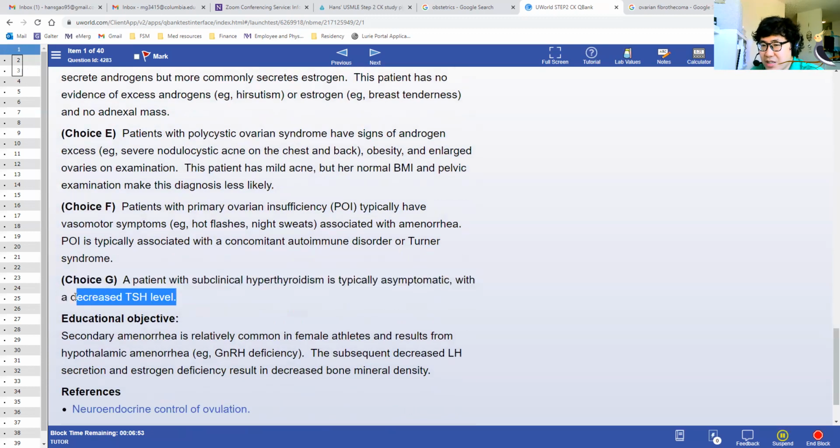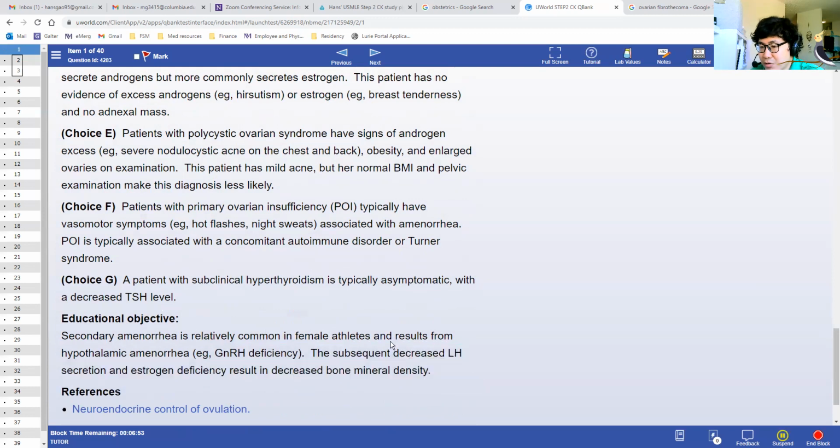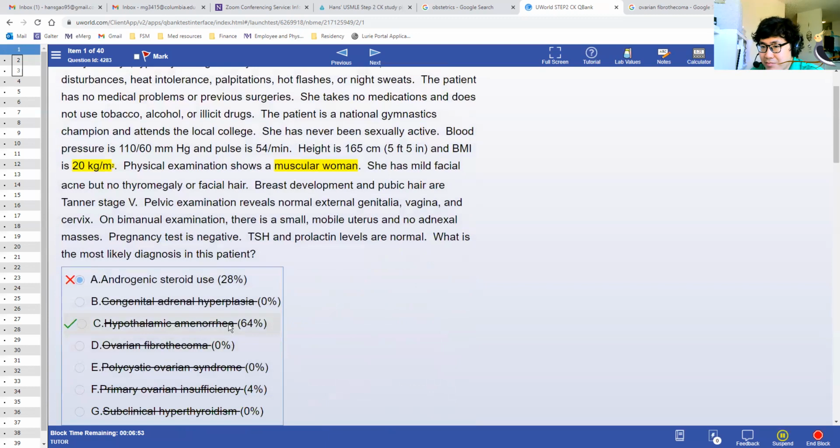All right, so it seems TSH is going to be low. Subsequently, decreased LH secretion and estrogen deficiency results in decreased bone mineral density. Yeah, I know that. Because she's so athletic, GnRH drops and subsequently FSH and LH drop too.